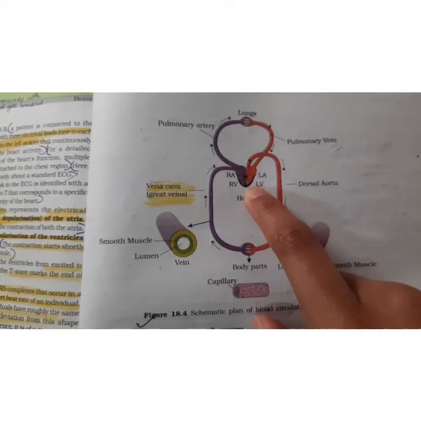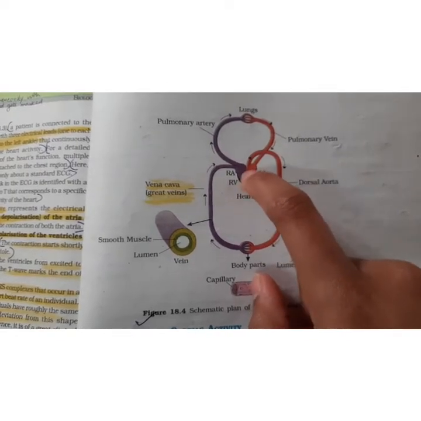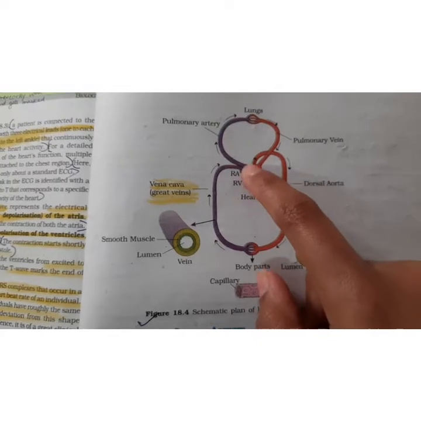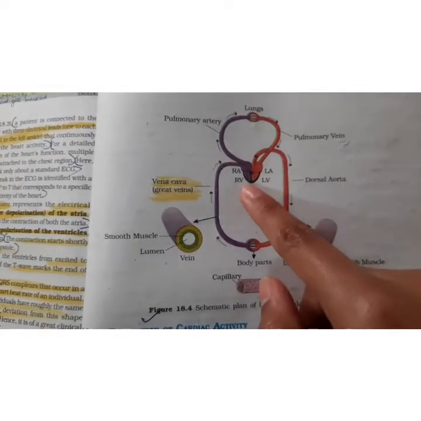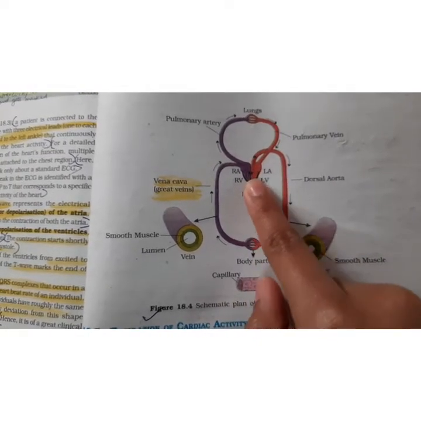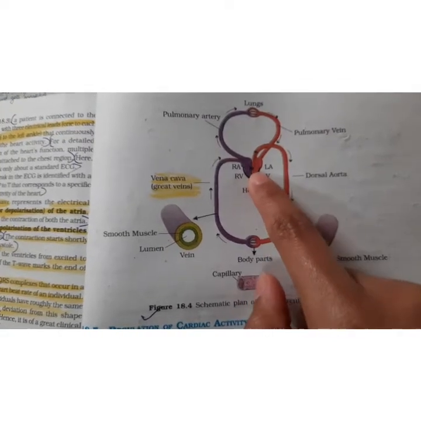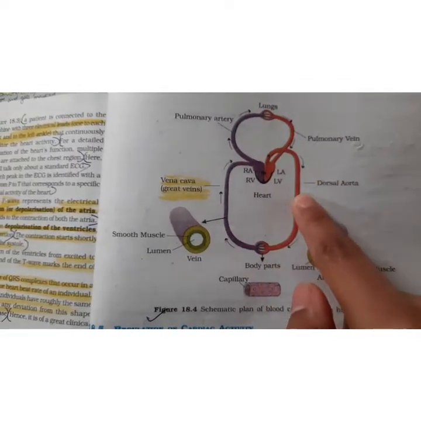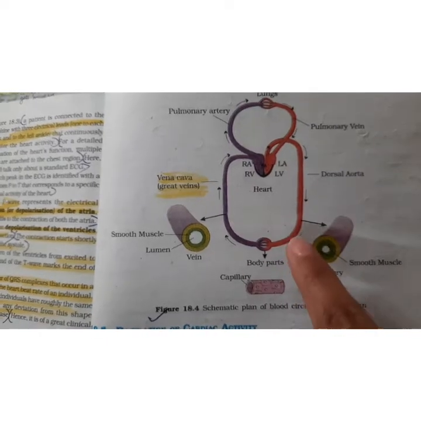Now when the heart contracts again, this oxygenated blood is connected to aorta. When this contracts, all the blood from left ventricle, that is the oxygenated blood, goes into the aorta, and aorta supplies it all over the body.